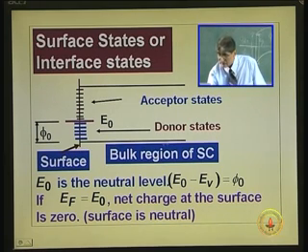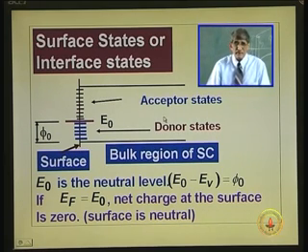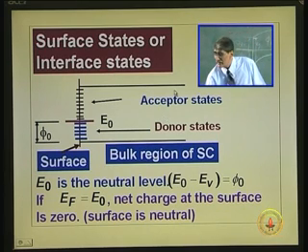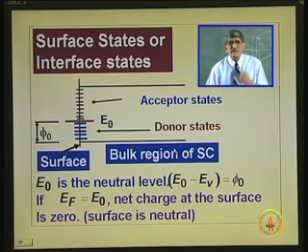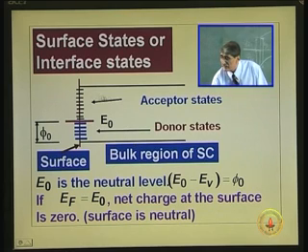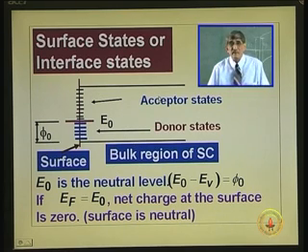If you take the bulk with no dopants and no imperfection, you do not see any levels, only the conduction band and valence band. I have deliberately suppressed all other levels. You may have n type dopants, then there will be a level here. That we will discuss when we discuss the metal semiconductor contact.